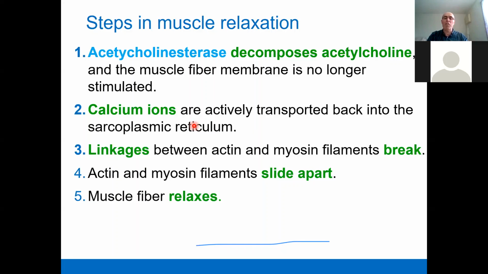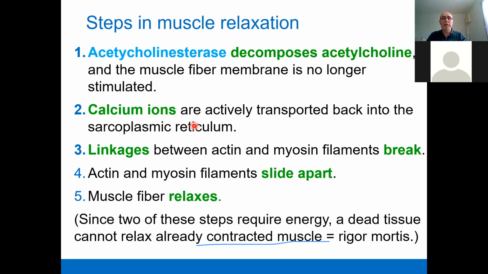Okay, contraction and relaxation of muscles. Since both contraction and relaxation of muscle require energy, dead tissue cannot relax already contracted muscles, which we call rigor mortis in dead bodies, okay, because relaxation also needs energy.